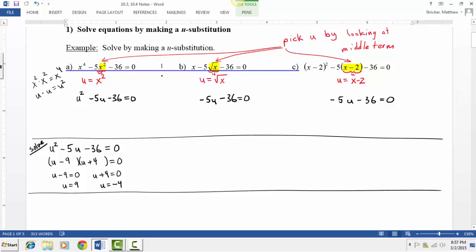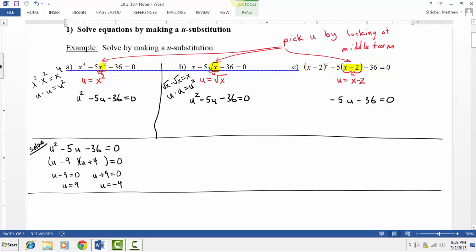Same thing for the second problem. I have square root x here, but I want x. Well, isn't square root x times square root x equal to x? But square root x is equal to u, so instead of square root x times square root x, that's the same as u times u, which is, of course, u squared. Hopefully you're starting to see the pattern here.